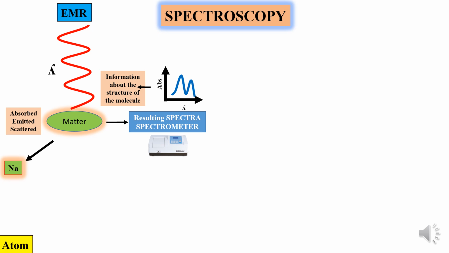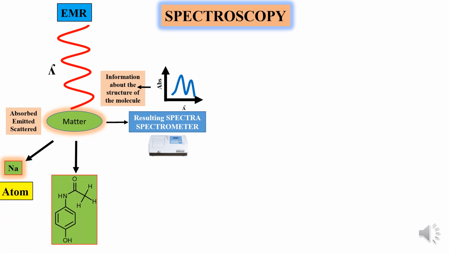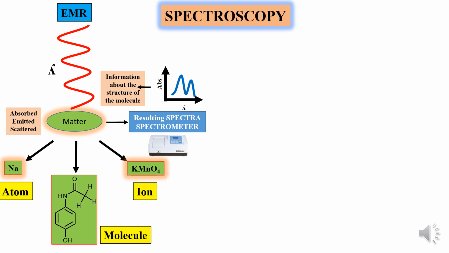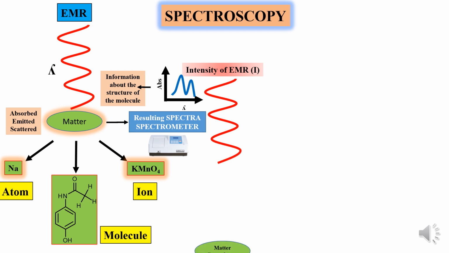Now the matter can be an atom, it can be a molecule, or it can even be an ionic substance like potassium permanganate or potassium dichromate. There are two possible outcomes when the electromagnetic radiation interacts with matter, or when the radiation strikes the matter.